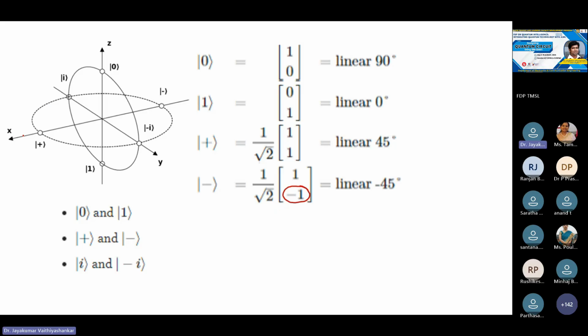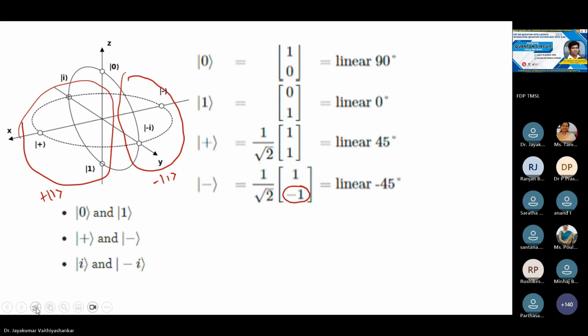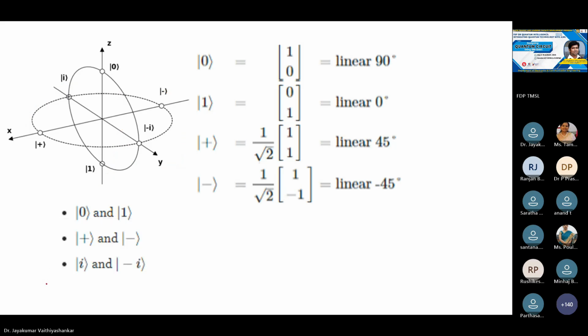Imagine this whole area for positive 1; the opposite side of this sphere represents negative state 1. If you understand state 0, you can understand state 1. If you understand both, you can understand the positive state. If you understand the positive state, you can easily recognize the negative state, and why there is a negative sign for the second component.